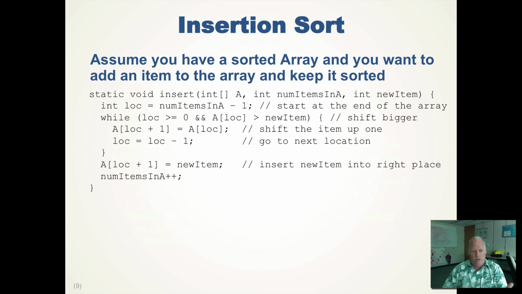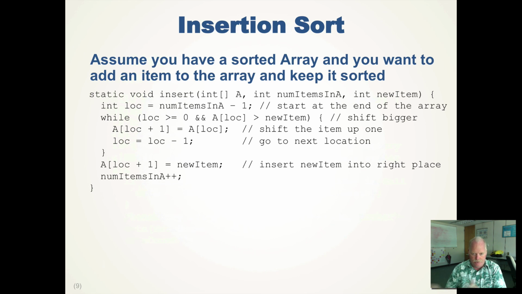So we create a variable loc, and we put it at the end. While loc is greater than 0, because we're going from right to left, and the value at loc is greater than the item we're inserting, that means we need to shift that item, because we need to create space for the new item in the right place.